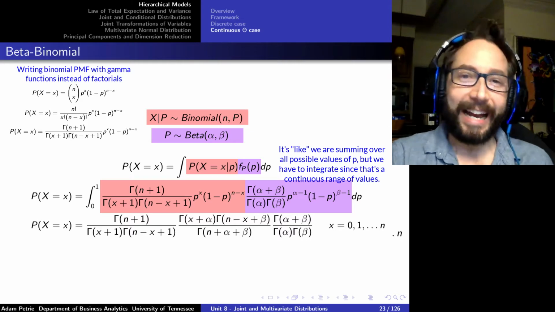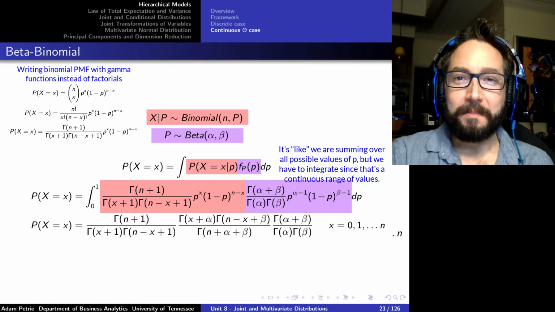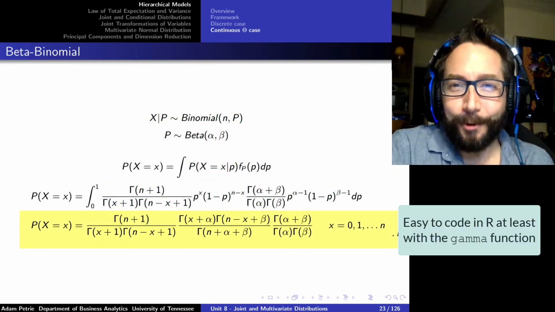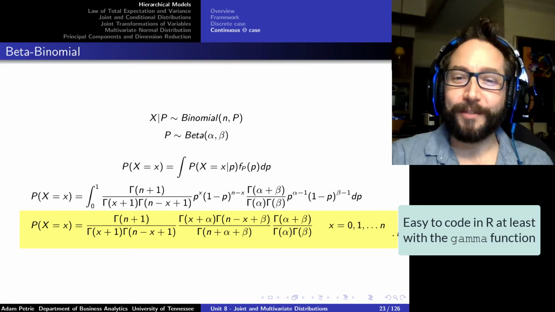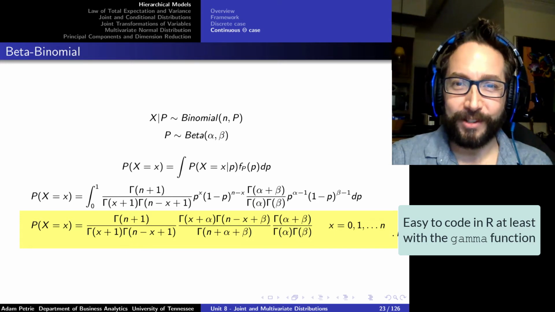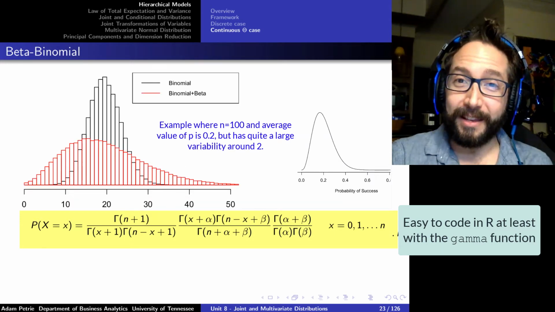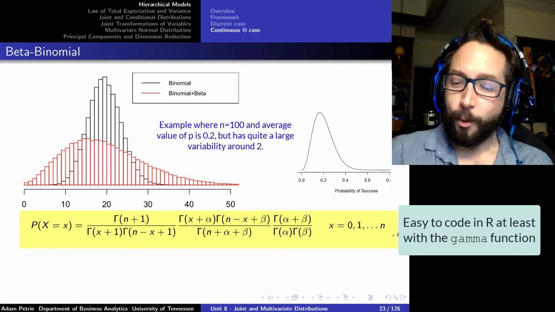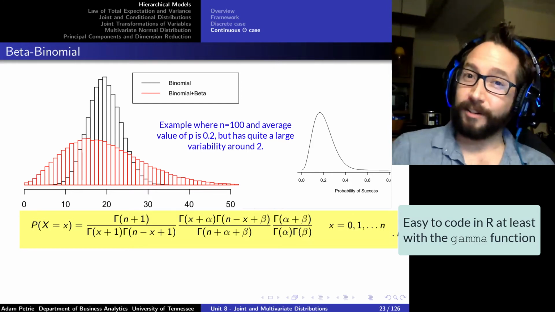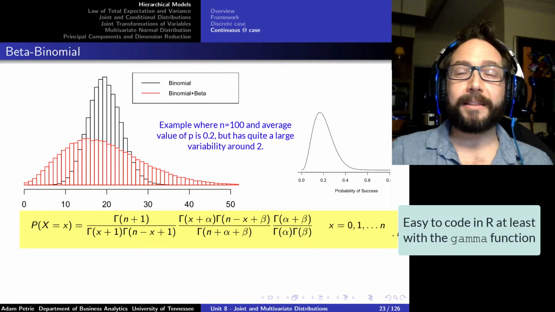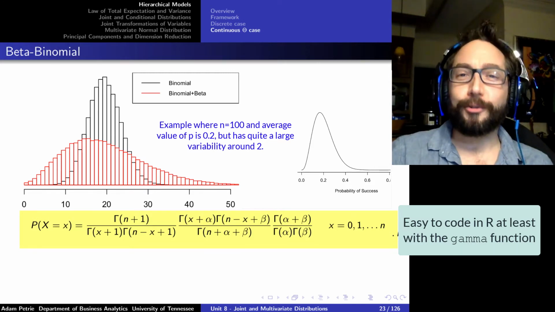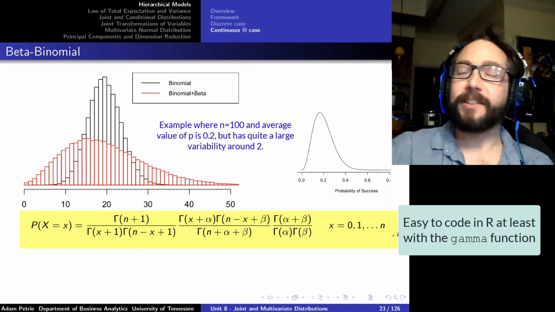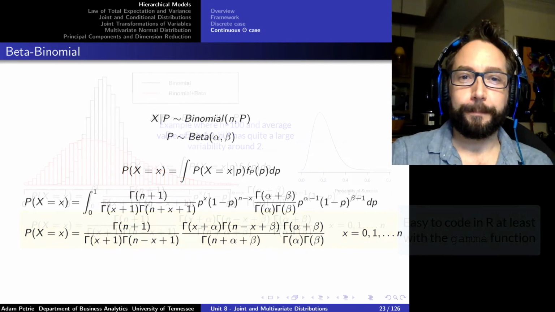And when I do that, I come out with an equation that is doable. I can program that into R without too much difficulty, but it involves a whole bunch of gamma functions. This would be the probability model for the number of sales that telemarketers would make when they all have to make exactly n calls on a particular day, but the probability of success from telemarketer to telemarketer is described by a random quantity, by some beta distribution.